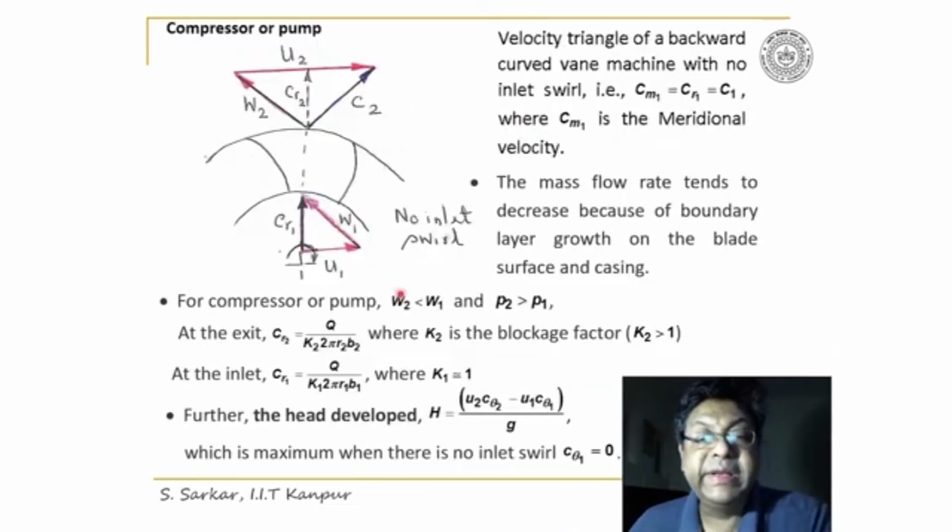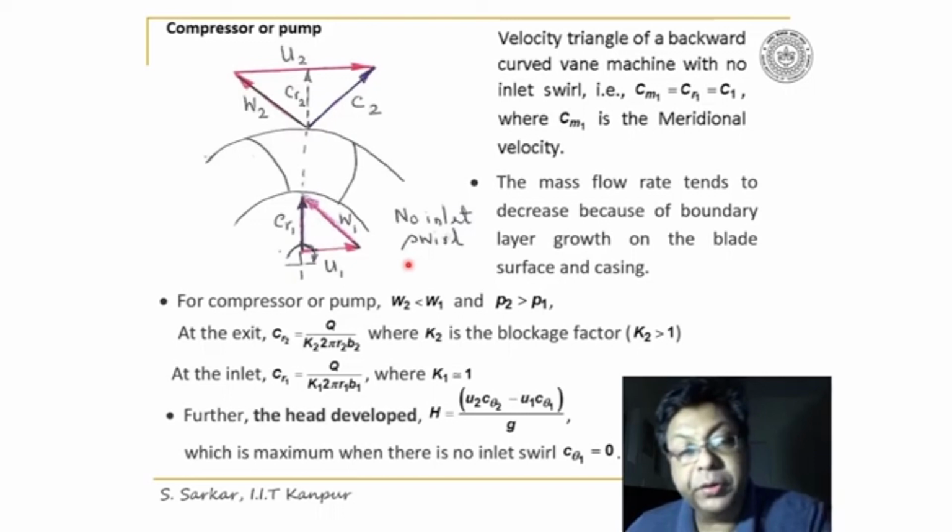Now I have illustrated here the velocity triangle of a backwardly curved impeller, which is either a compressor or a pump impeller. Here I have considered that inlet swirl is 0, so there is no inlet swirl. C theta 1 is equal to 0.